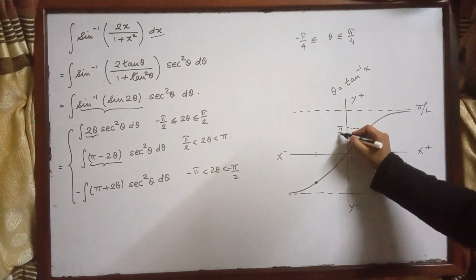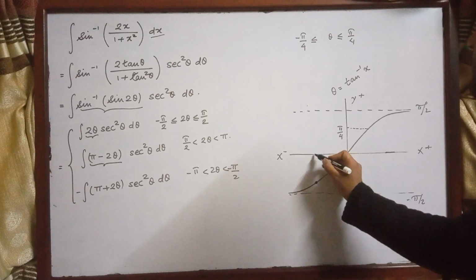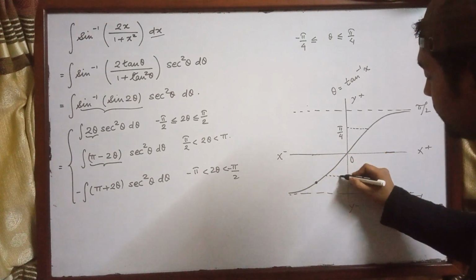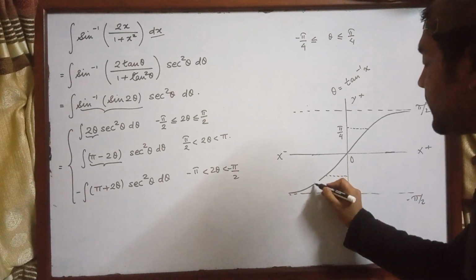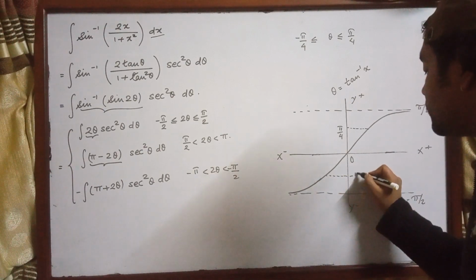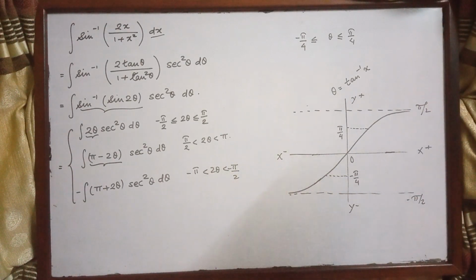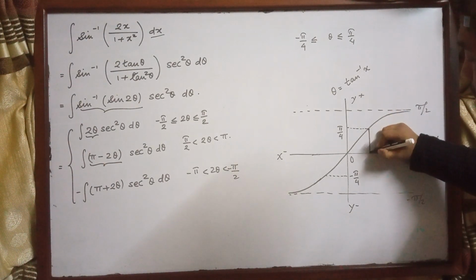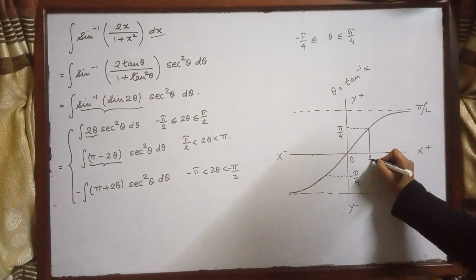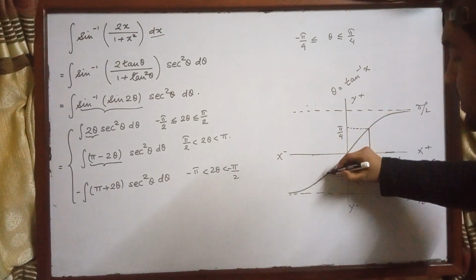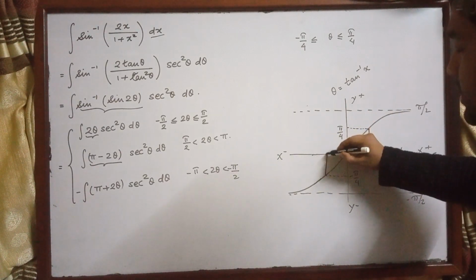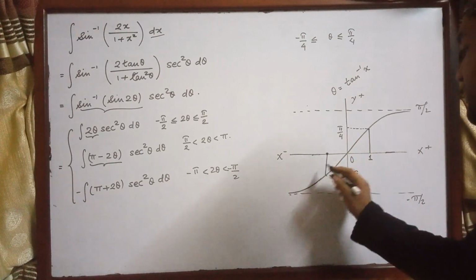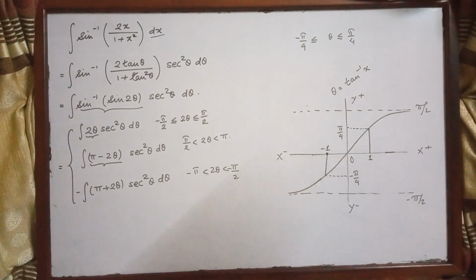Theta is between pi over 4 and minus pi over 4, like this. And we know that this corresponds to the point 1, and this corresponds to the point minus 1.